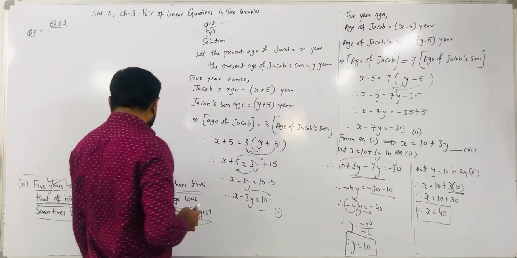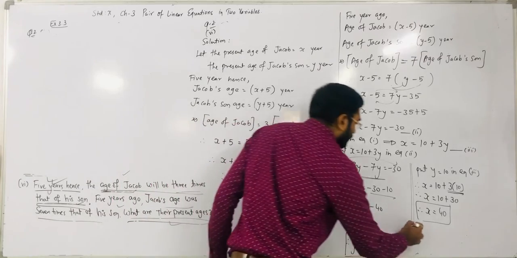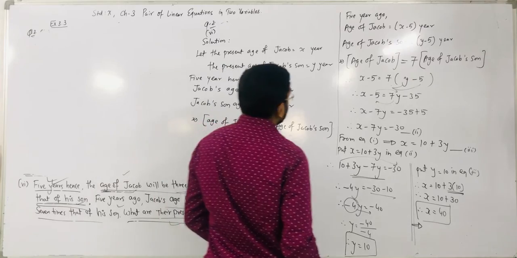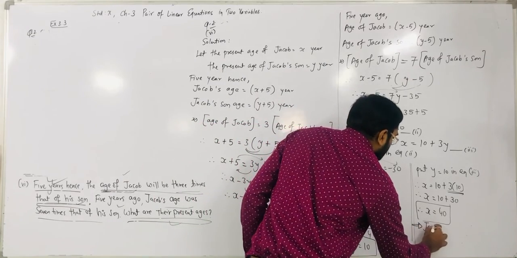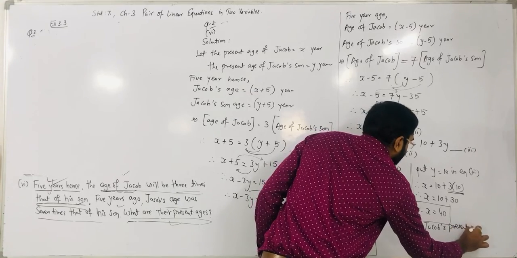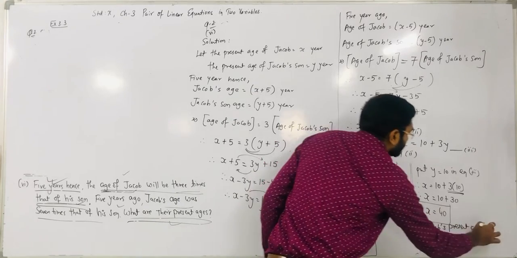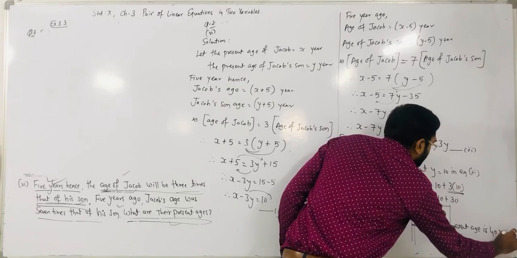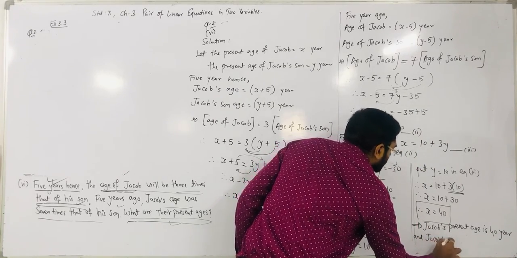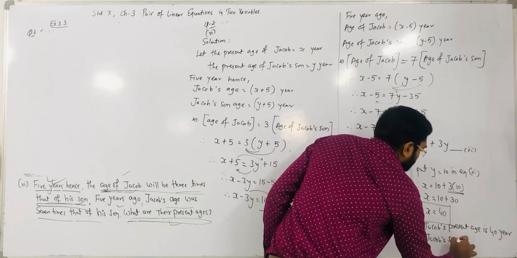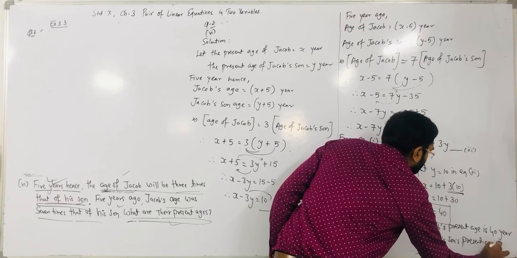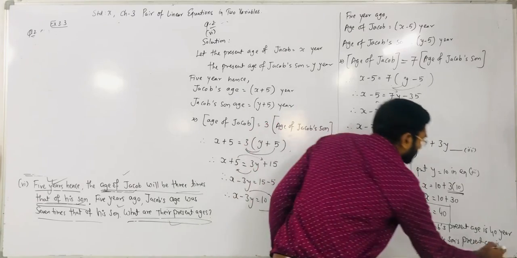Right? So at last we have to write our answer in statement form. They ask what the present ages are. So we have to write: Jacob's present age is 40 years, and Jacob's son's present age is how many years? The y value is what? 10 years.